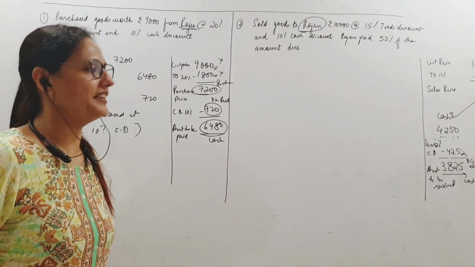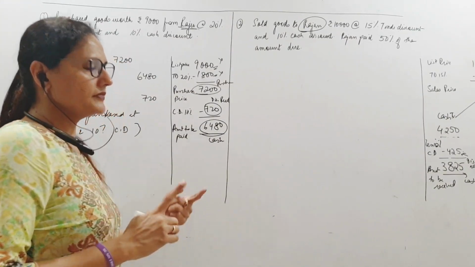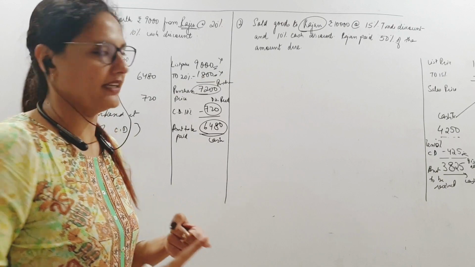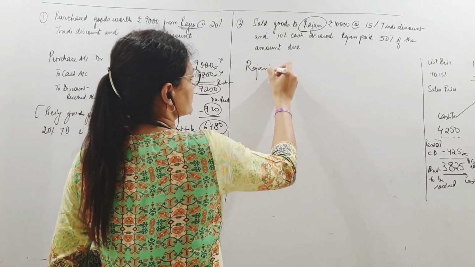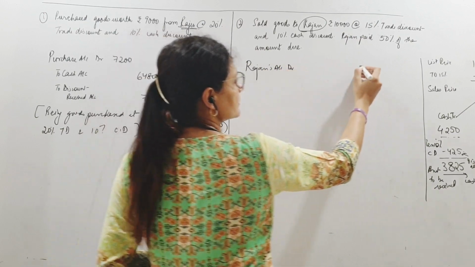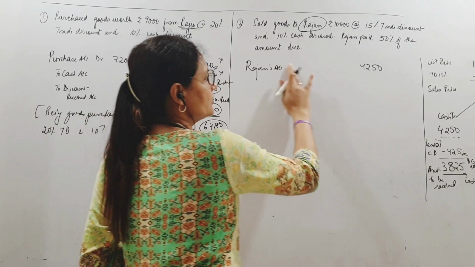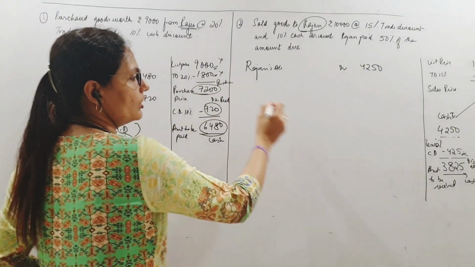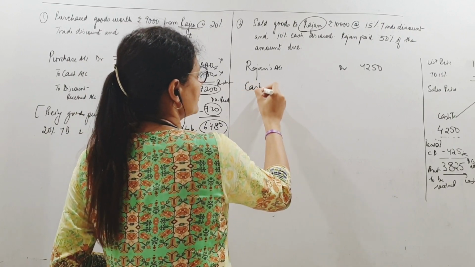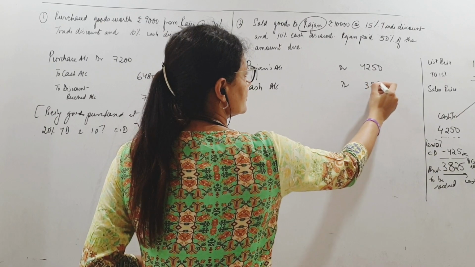Let us come to the entry. Now, first thing, what all do I need to debit? One, Rajan is a customer, a debtor, asset is increasing, so Rajan's account debit 4250. This is the amount he should be paying me. So debit that much. Also, I am receiving cash from him. So cash is coming in. How much? 3,825.